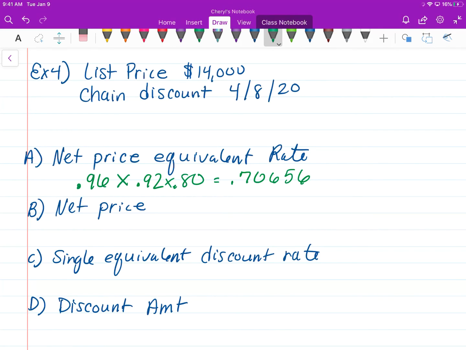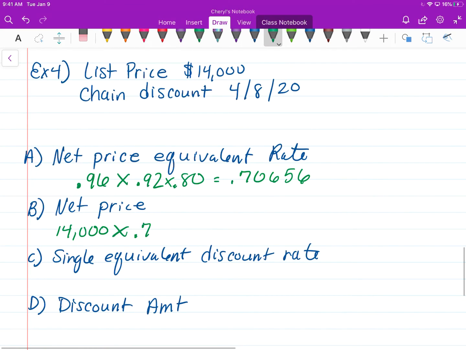So if I want to find the net price, I'm going to take the list price, which is $14,000, and multiply it by my net price equivalent rate, which is 0.70656. And when we do that, we get $9,891.84.